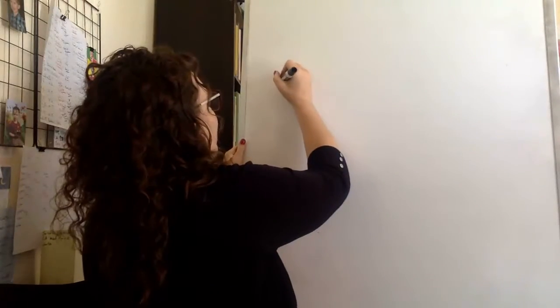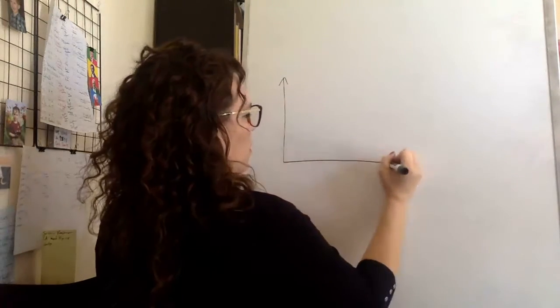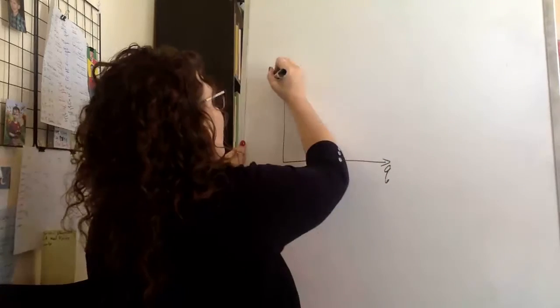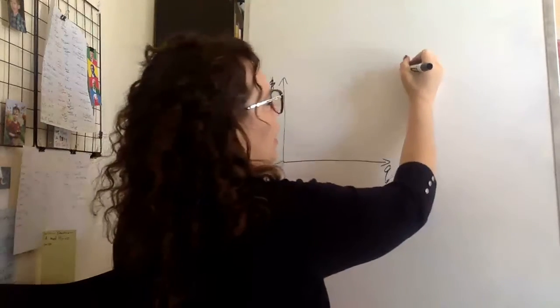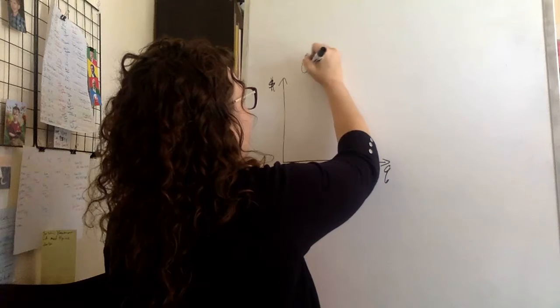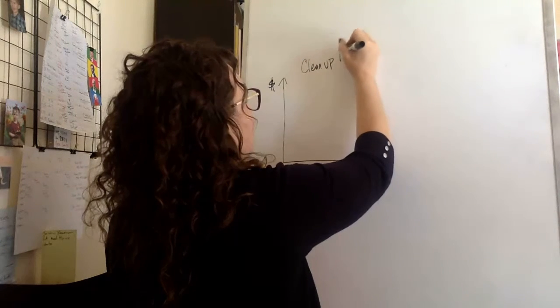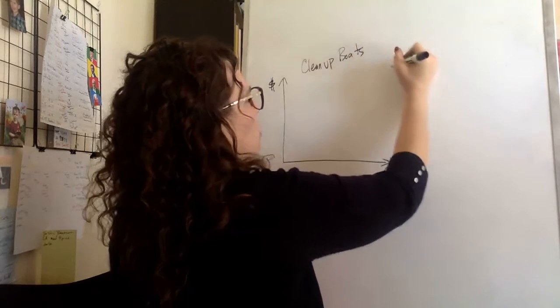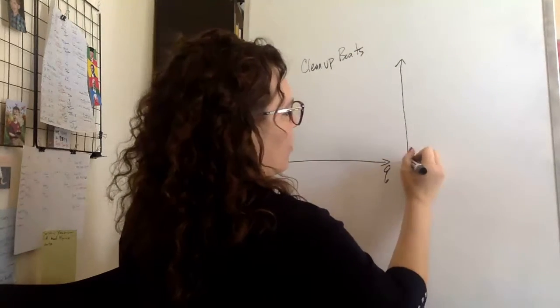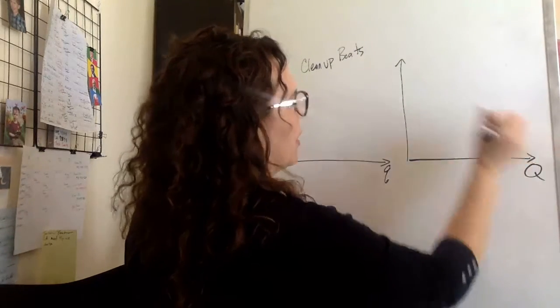I'm going to put them side by side. Here we have individual firms, and I'm going to call this one for cleanup boats. So we've got the firm, and then we have the larger market.